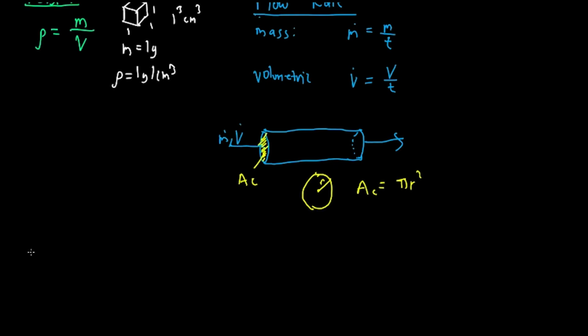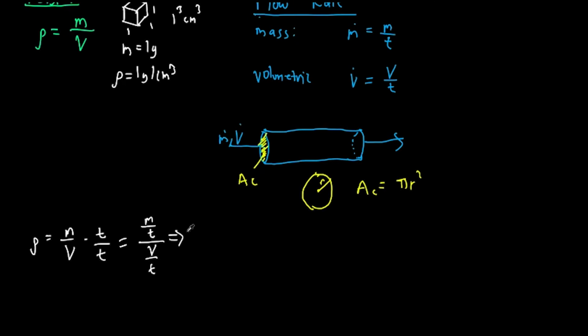So let's play around with density a little bit more. If we say that density is mass over volume, I'm going to multiply by 1. If I multiply by t over t, that's just 1, which is something I can do. I'm going to divide this mass by this time and this volume by this time, which means I'm going to have m over t over v over t, where I defined m over t as m dot and v over t as v dot.